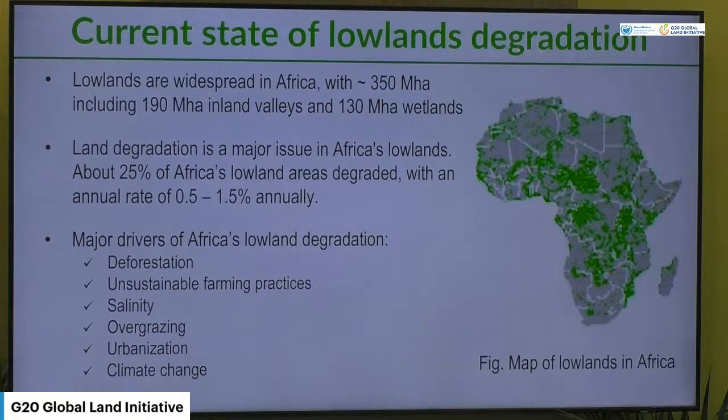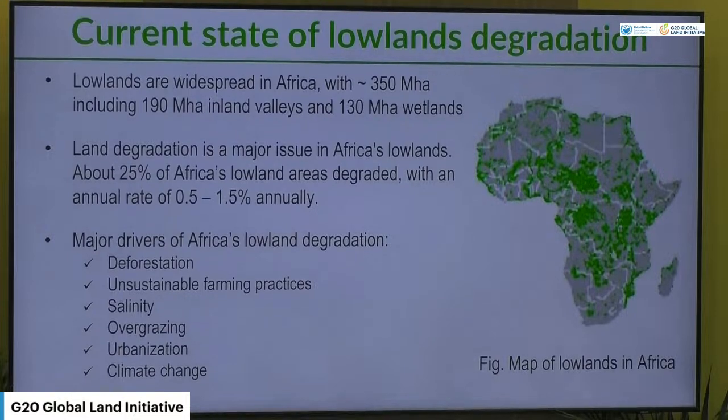Lowlands are widespread in Africa with an estimated 350 million hectares, including 100 million hectares of inland valleys and 100 million hectares of wetlands. However, land degradation is a major issue in Africa's lowlands. About 25% of the lowlands in Africa are degraded, with an estimated annual degradation rate of 0.5 to 1.5%.